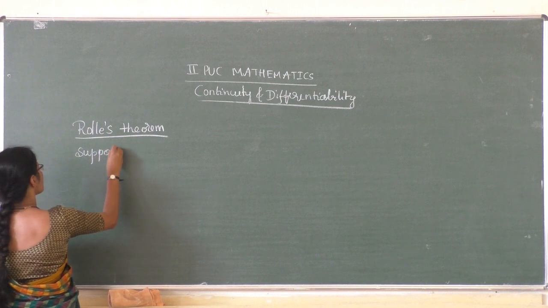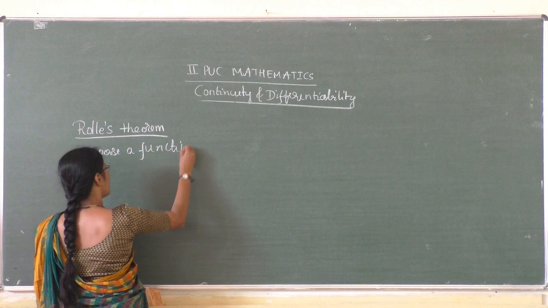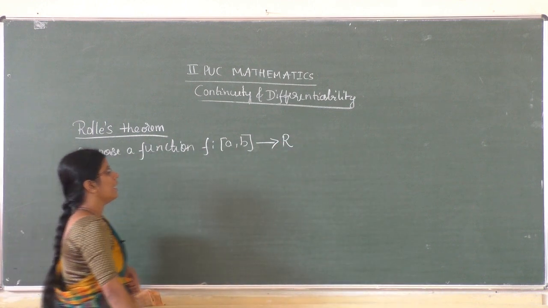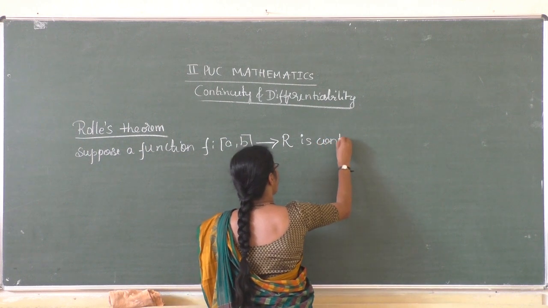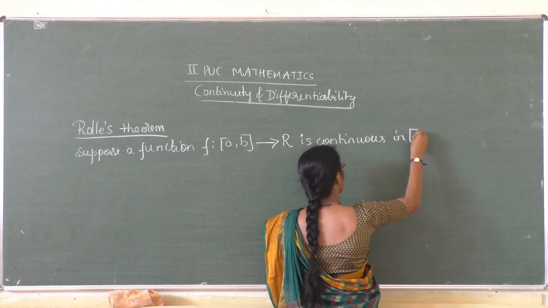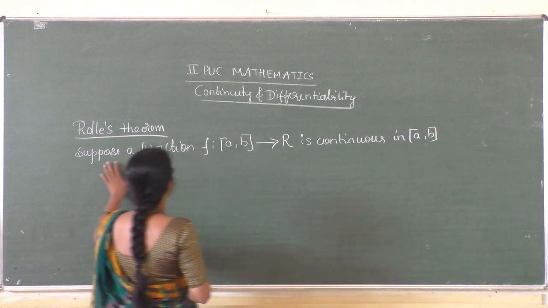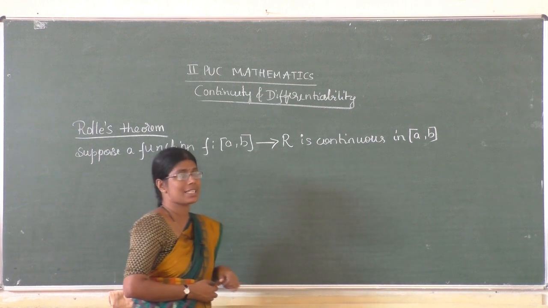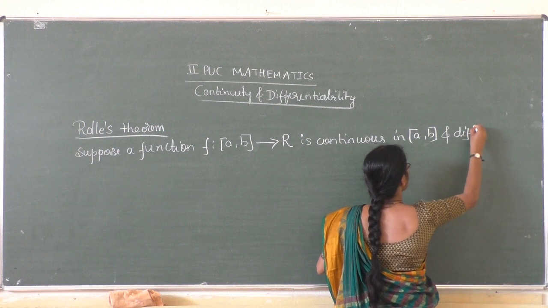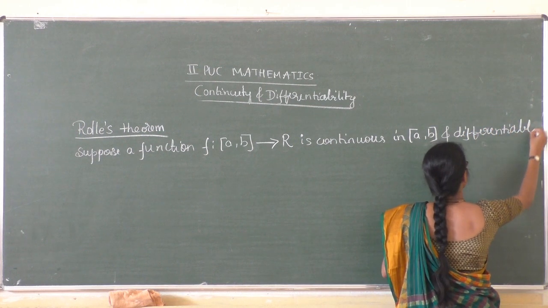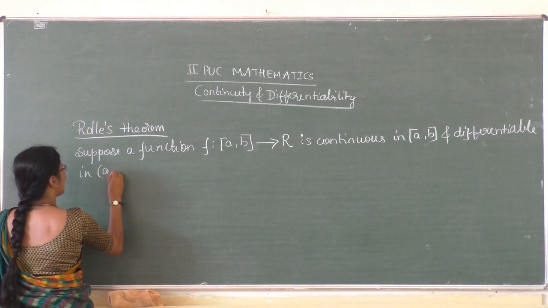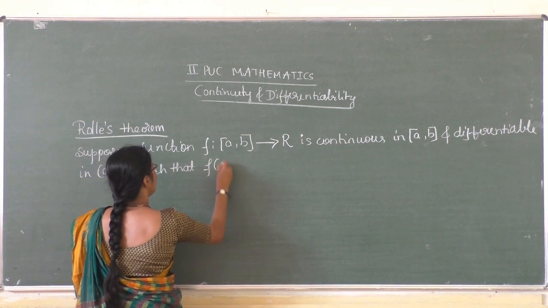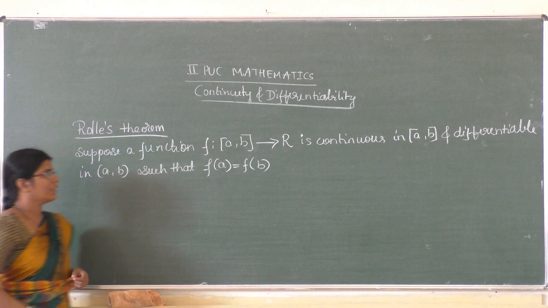Suppose a function f from the closed interval [a, b] to R is continuous in the closed interval [a, b] and differentiable in the open interval (a, b) such that f(a) is equal to f(b). Three conditions here.